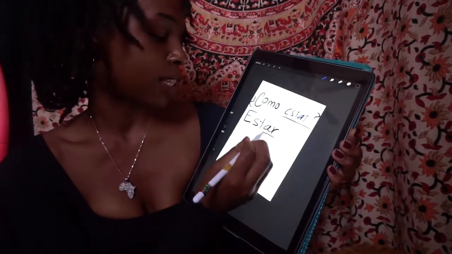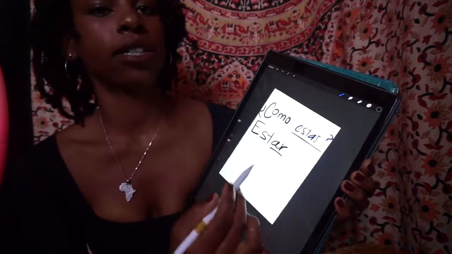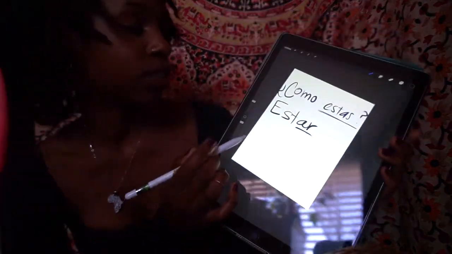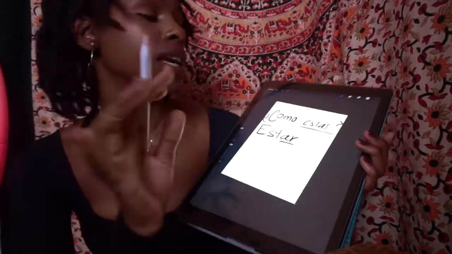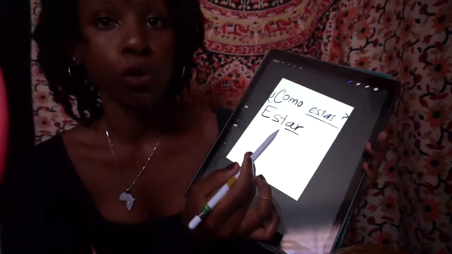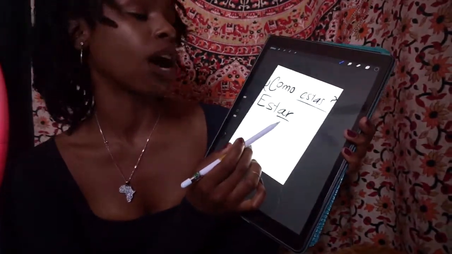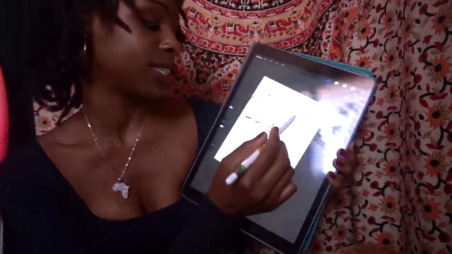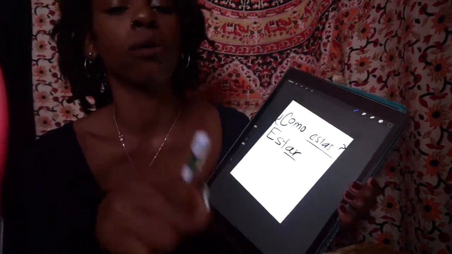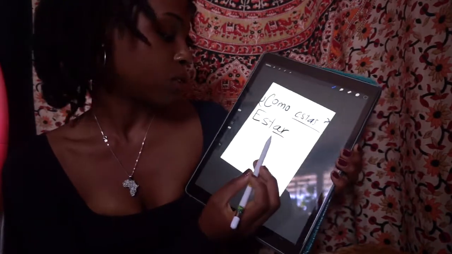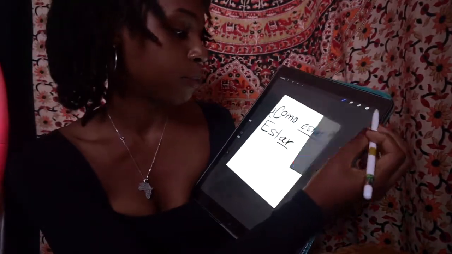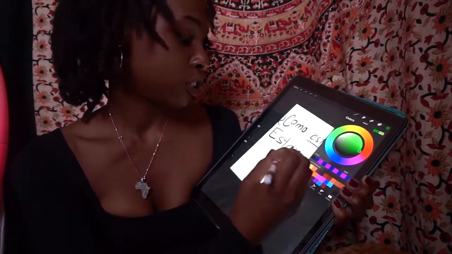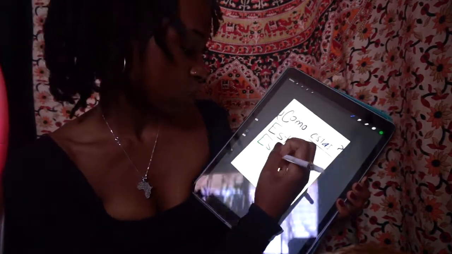Take note of this AR, because the AR tells you that it means to something. In this case it's to be. To conjugate it into the yo form, the I form, because this is the tú form, the you form, it would just be estoy.